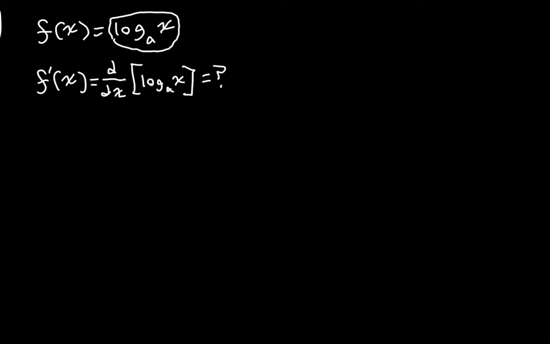So we're going to have to think about, back to the log property, that the log base a of x is equal to the log base b of x over the log base b of a, where b is some other constant. So the idea is you can put the log base a of x in terms of the log to some other base of x and a through this transformation.